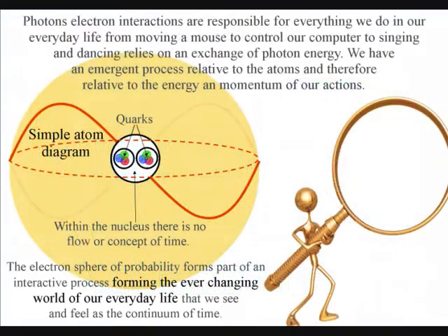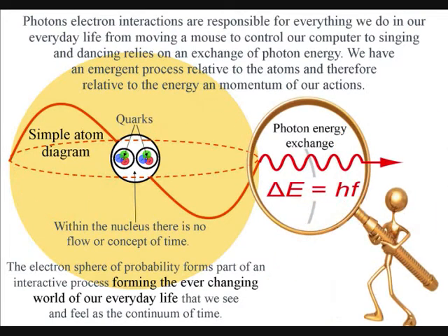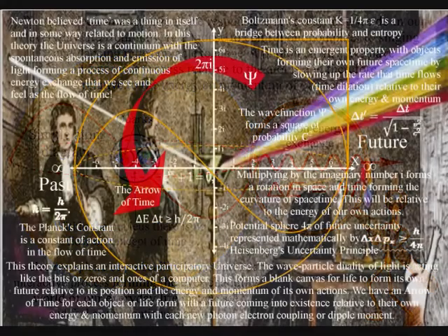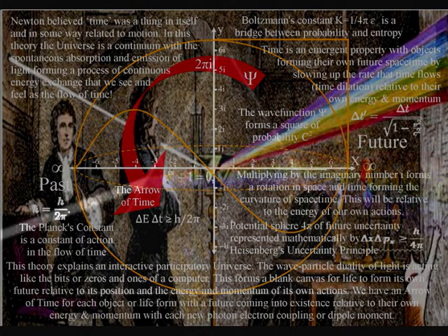Light is a wave over a period of time, and the particle or photon nature of light only occurs when light interacts with the electrons of the atoms. When this happens, it forms a new wave function relative to the structure of those atoms.